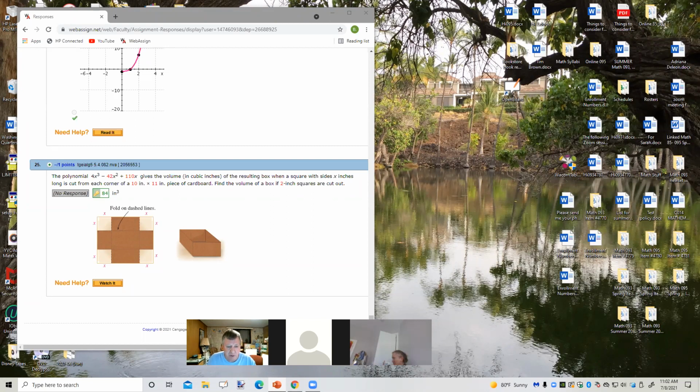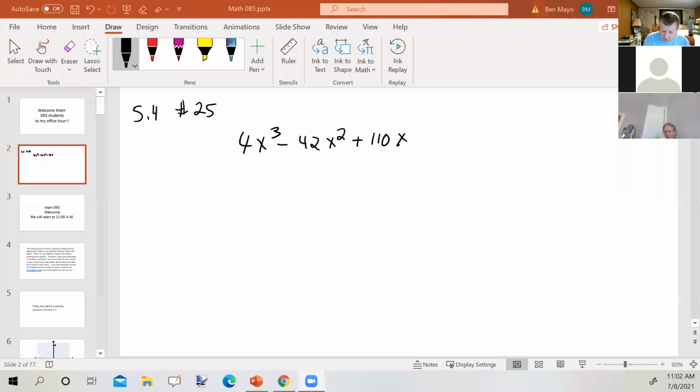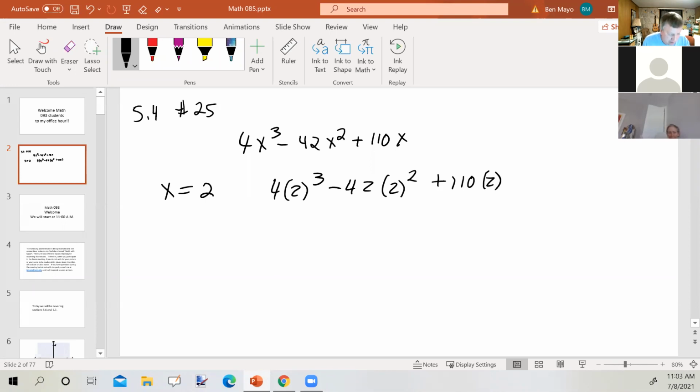So basically what we're going to do is take this polynomial and evaluate it when x equals 2. So we're going to have 4 times 2 cubed minus 42 times 2 squared plus 110 times 2. Let's see here. 2 cubed is 8. 2 squared is 4.